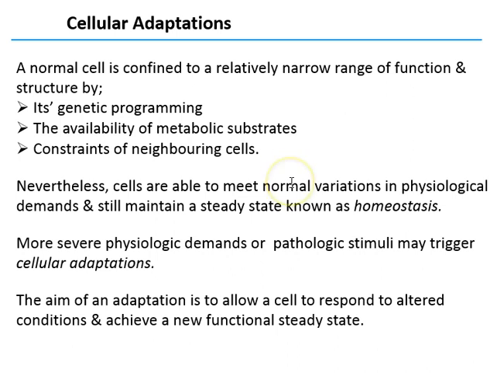If the cell operates effectively, it should achieve a state called homeostasis, a stable state, where the cells are operating effectively in their location. However, often cells are exposed to increased physiological demands, stress, or disease-producing agents. In these situations, the cells may be able to adapt to the new situation. If they cannot, they risk becoming injured or even dying.